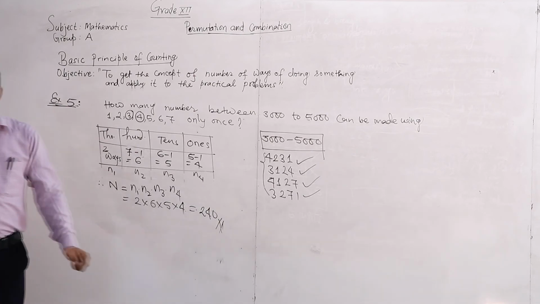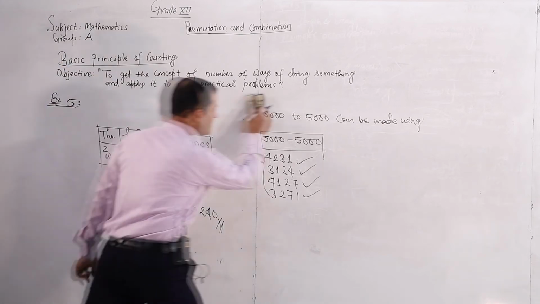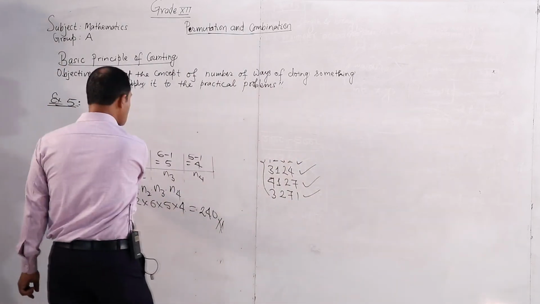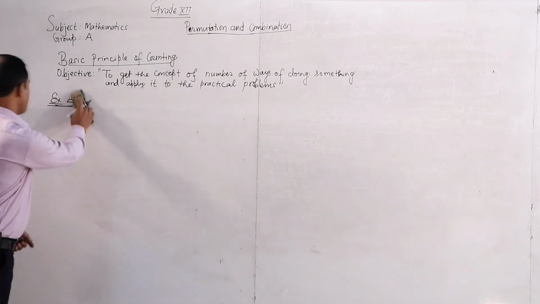Okay, the last example I'm giving you is about the use of roads. Example 6.